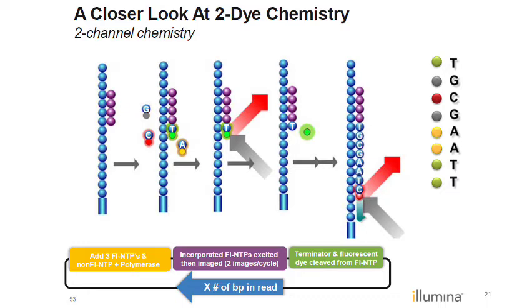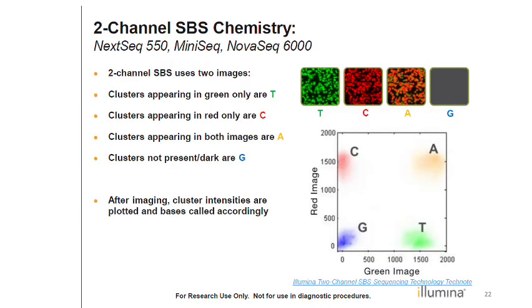The fluorophores are then cleaved off of the dideoxynucleotide, and the dideoxynucleotides are converted to deoxynucleotides. Then the process repeats. In the 4-channel or 4-dye chemistry, each dideoxynucleotide was labeled with a different colored fluorophore. In the 2-channel or 2-dye chemistry, 2 images are taken.